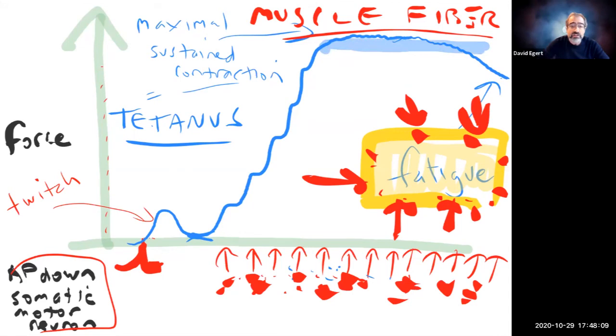But that contraction is what it is. You can't make it stronger or weaker. It's based on just the actual anatomy of that cell. How many myosin heads are pulling on how much actin. So a particular muscle fiber, when you turn it on, pulls with a certain strength.